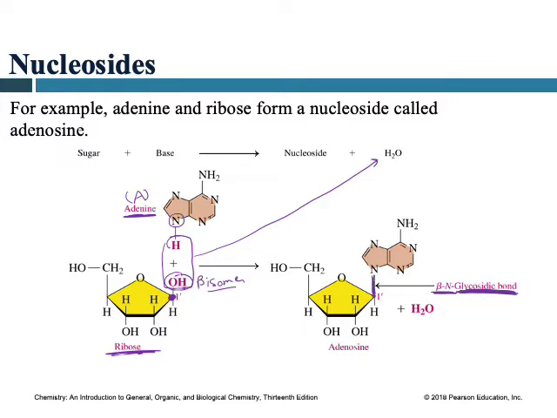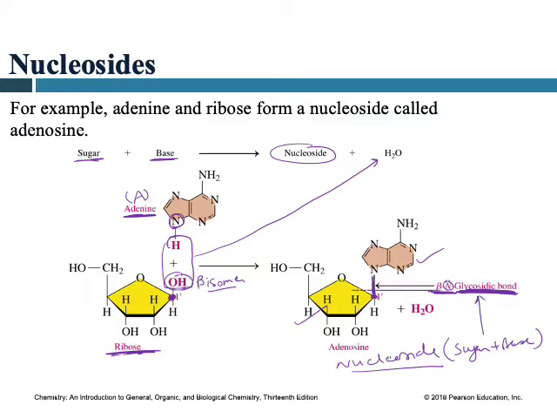And this hydrogen comes from the nitrogen, so the nitrogen is attached to the first carbon, and N for nitrogen, so that's why it's a beta N-glycosidic bond, right? So this is the reaction when sugar and base combine, you make a nucleoside. So this is your nucleoside, sugar and base together, sugar plus base joined with the help of a glycosidic bond.